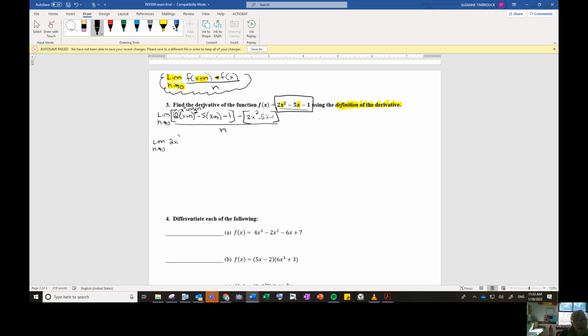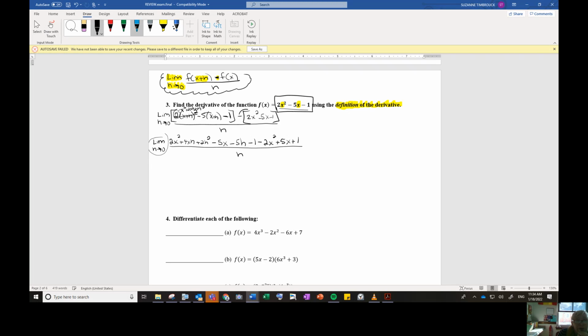So I have 2x squared plus 4xh plus 2h squared. Then I'm going to distribute my negative 5, negative 5x minus 5h minus 1. And then this negative distributes. So I have negative 2x squared plus 5x plus 1. All of that is over h. I cannot put 0 in for h because I still have an h in the denominator, so I have to continue to write this until then.